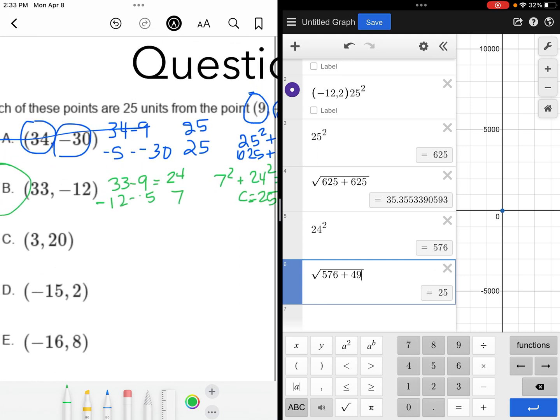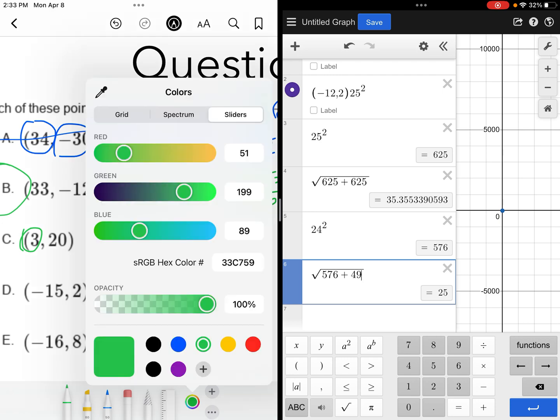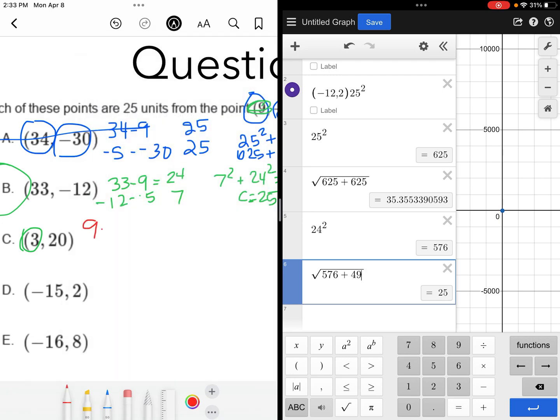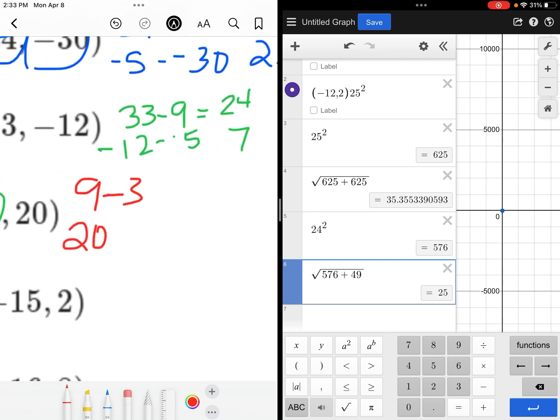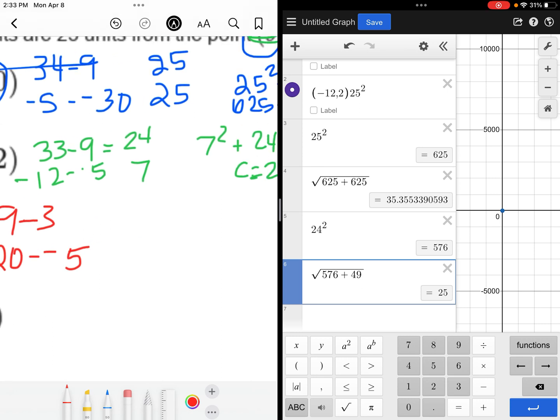The next one, I'm doing 9 minus 3, and 20 minus negative 5. So I get 6 and 25.